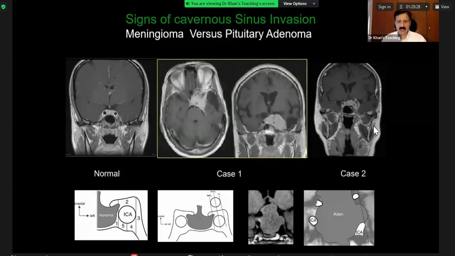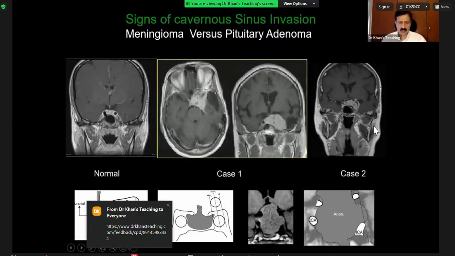and then it tells you how to say if the cavernous sinus is involved or not. In an FRCR 2B world, cases will be more blatant, like this one, where even on an axial slice, you can say that the cavernous sinus is involved. But one of the objective criteria for FRCR 2B is as follows. This is the coronal sequence. This is the internal carotid artery on left side.